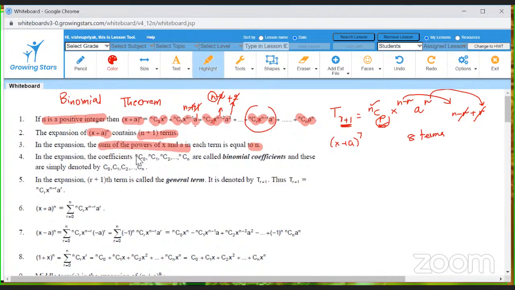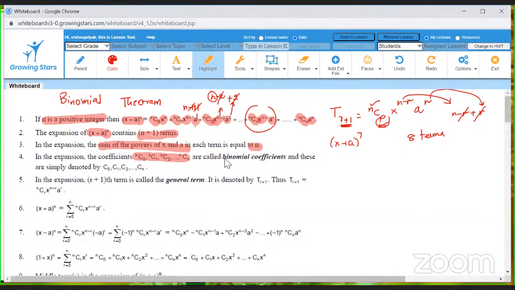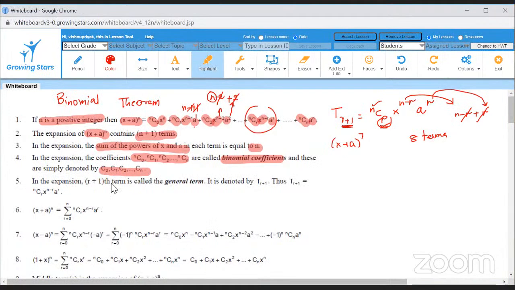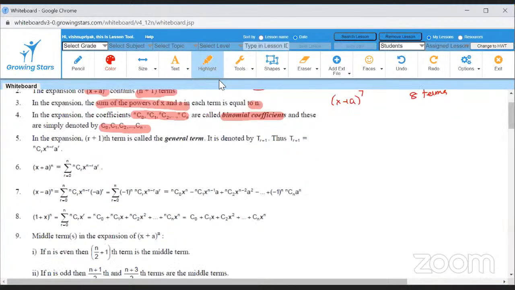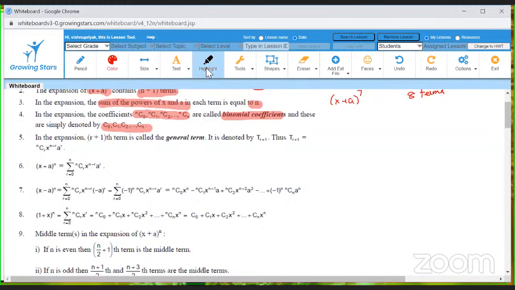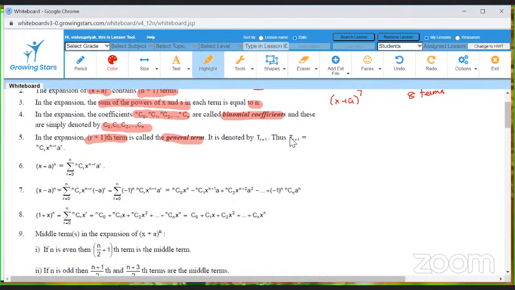Then NC0, NC1, NC2, NCn are binomial coefficients. And you can even write C0, C1, C2, Cn. Instead of writing n on the top, you can remove that n and write like this. Just now, what did I tell you? The same thing. The (r plus 1)th term is the general term, and the (r plus 1)th term is written as NCr, x power n minus r, a power r.